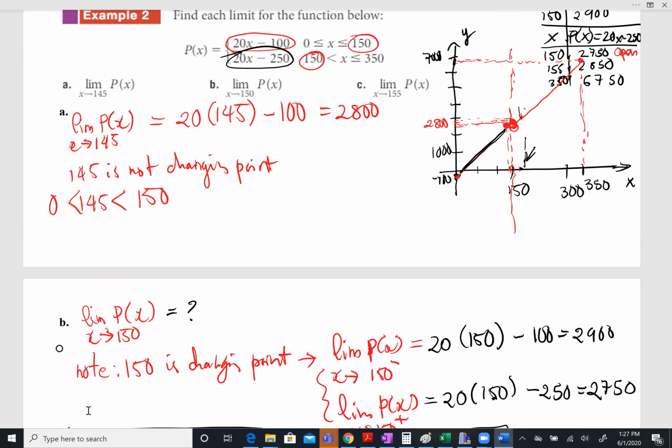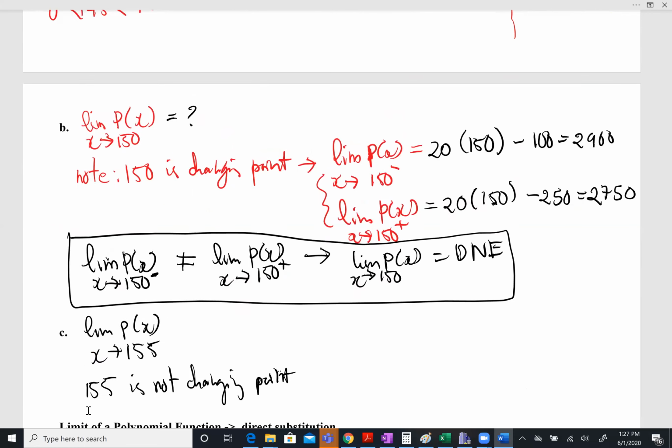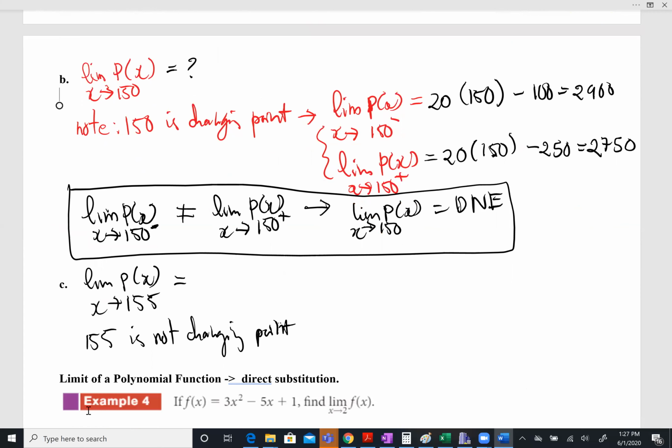So you should base on the second part of the function, and you just substitute into the second part.